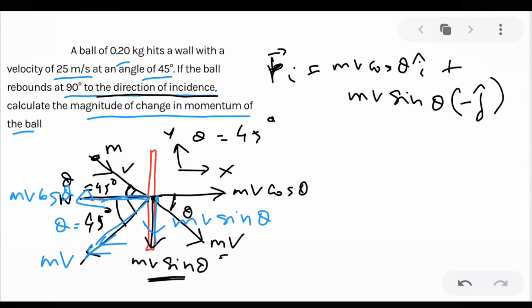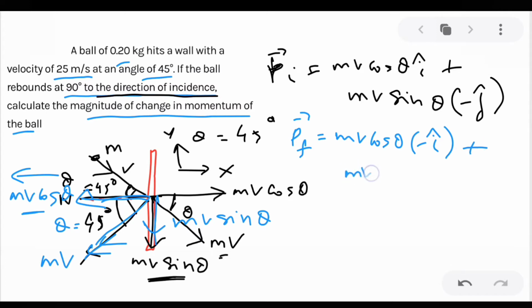So the final momentum pf is equal to mv cos theta minus i cap, because this is in the negative x-axis direction, plus mv sin theta minus j cap. This component is in the downward direction, so minus j cap.